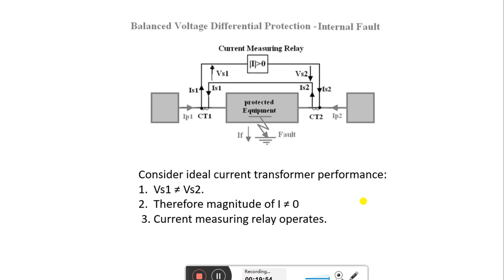That is how differential protection works. Now one most important relay of differential protection is called the percentage based differential protection. This we'll discuss in the next class.